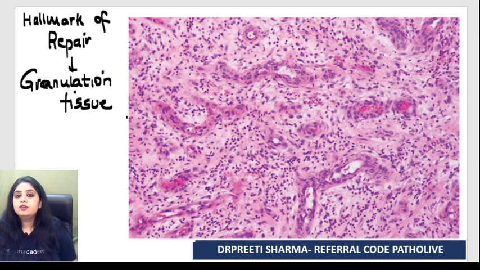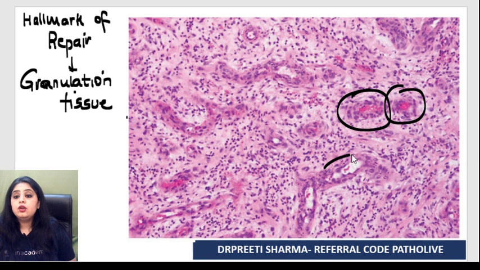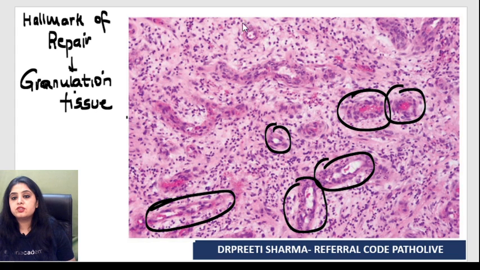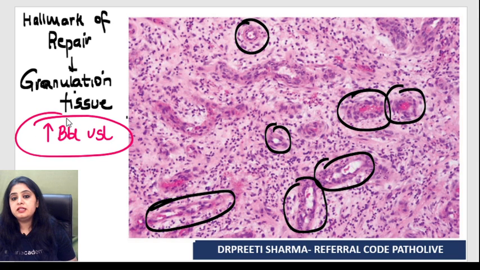So over here, do you agree if I'm calling this granulation tissue, do you see there are lots and lots of blood vessels? That's my way of picking up a granulation tissue. I'll get an abundance of blood vessels because a good blood supply is needed for repair. Then I see a lot of these dot dot dot kind of cells. Obviously those dot dot dot cells are little inflammatory cells.